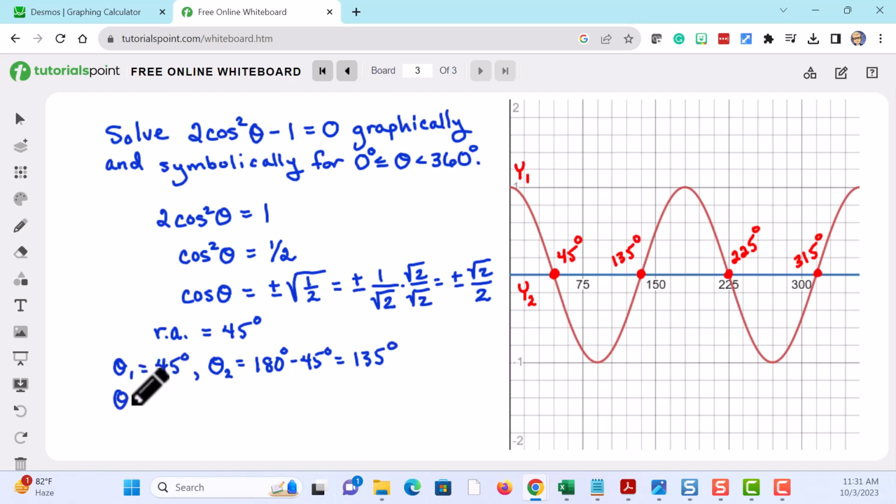Our third solution in the third quadrant will be 180 degrees plus 45 degrees, which is 225 degrees. And then finally, our fourth solution will be equal to 360 degrees minus 45 degrees is equal to 315 degrees.